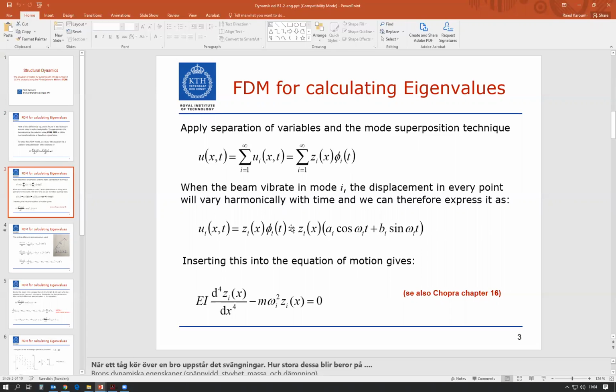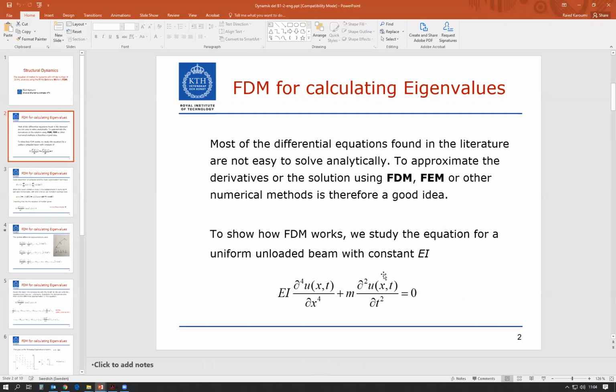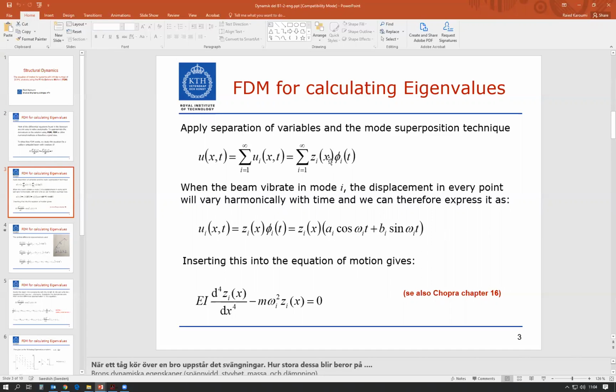And as we learned before, we can differentiate this twice with respect to time and with respect to space, x, and put it in the differential equation, this one. So we replace u with this. When we differentiate with respect to x, we differentiate the z. So it's d4z/dx4. And when we differentiate with respect to time, we differentiate this time function.